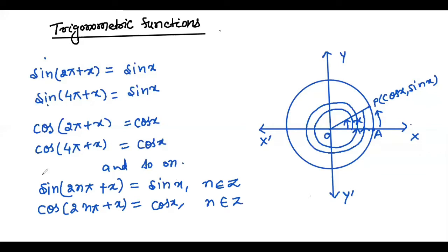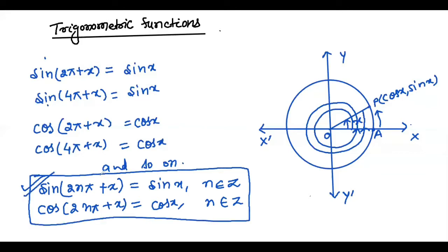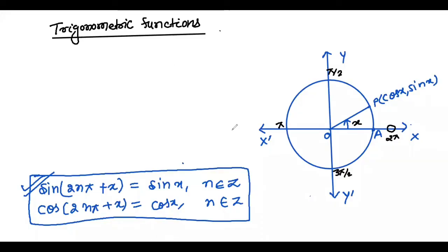This is a very important part of trigonometric functions. So here we have discussed that in multiples of 2 pi, in sine and cos, the value will be the same.